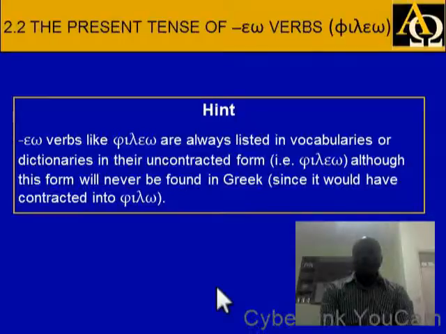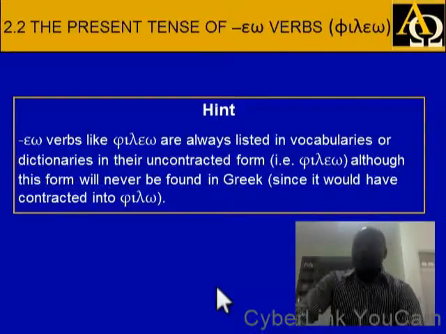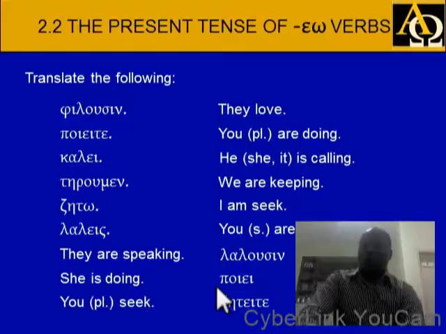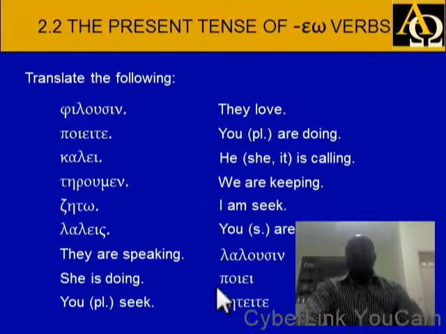So phileo is actually supposed to be phileo-omega; that's the uncontracted form, although this form will never be found in Greek since it would have contracted into philo. So in actual fact, from the dictionary form, we do not see contracted forms, but we do have them. We must know how we get there because it's very important.